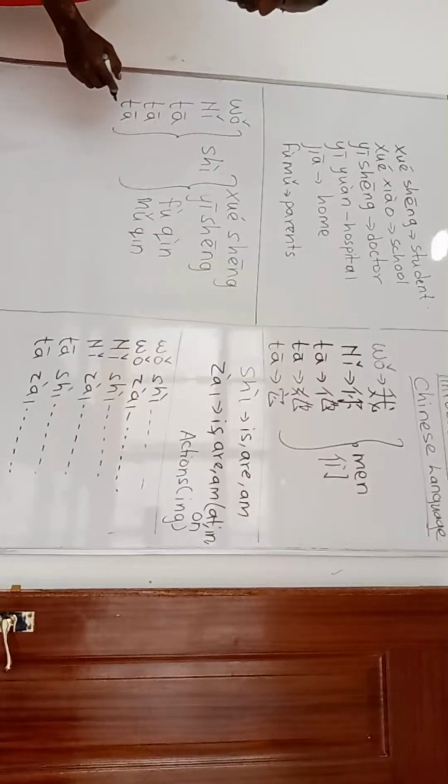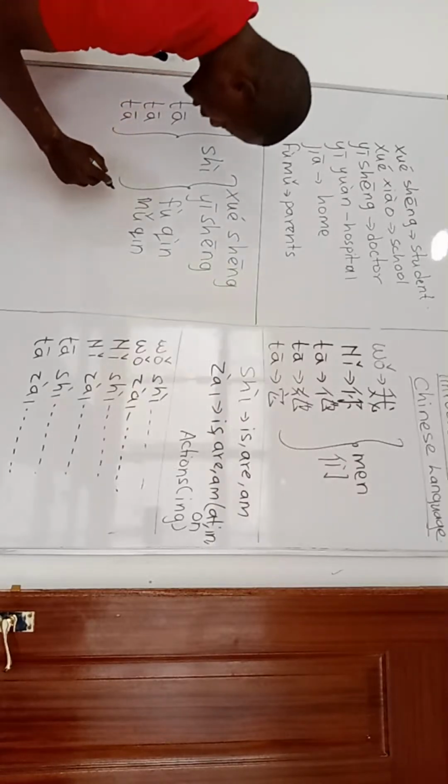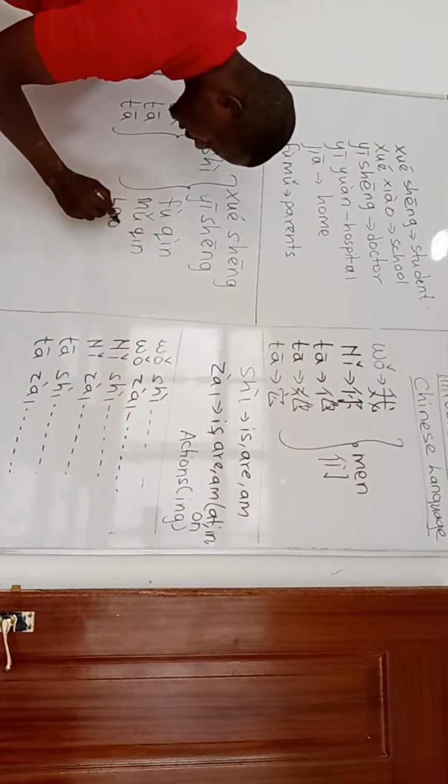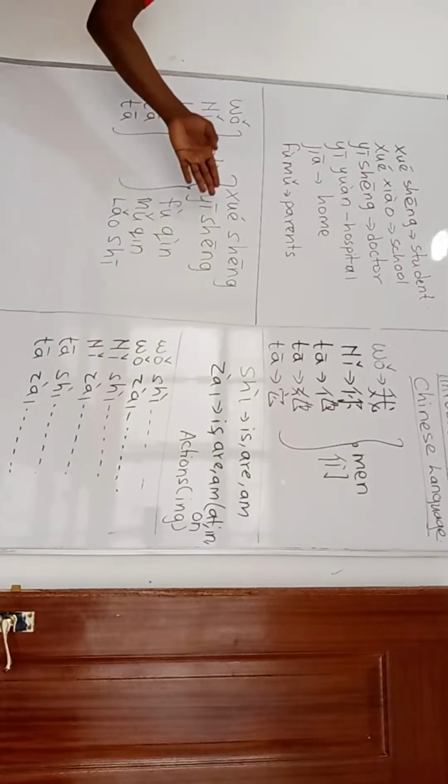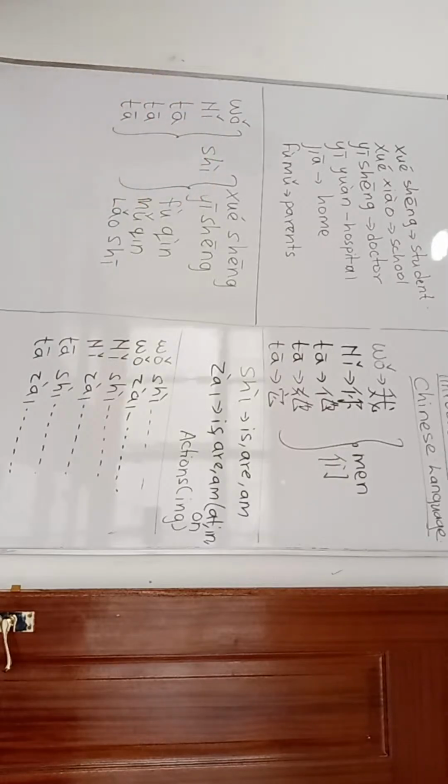And if you are a student, if you are a doctor, 我是, if you are a teacher, 我是老师, titles. And even your name, you can put it here. Quite easy.